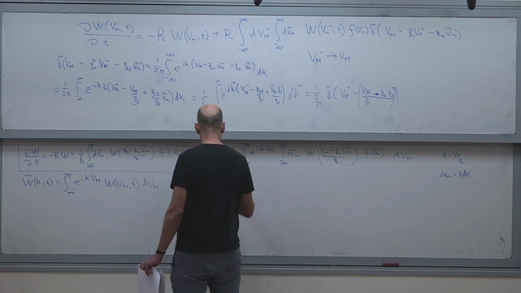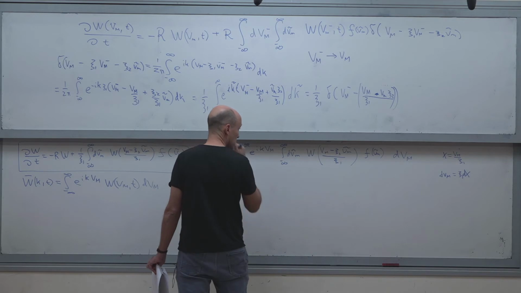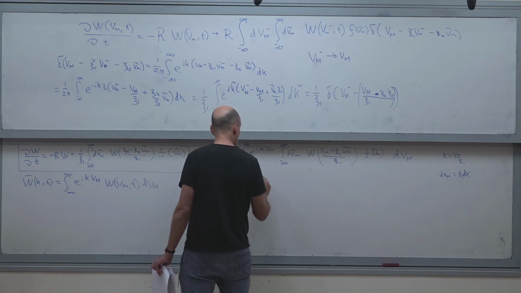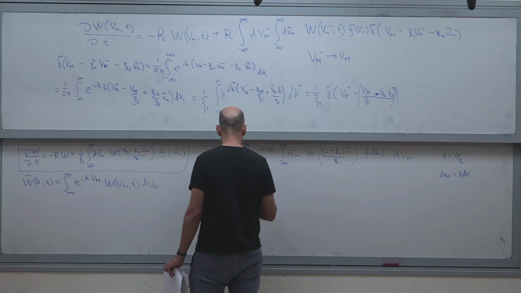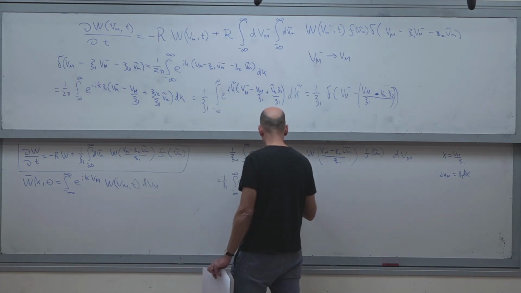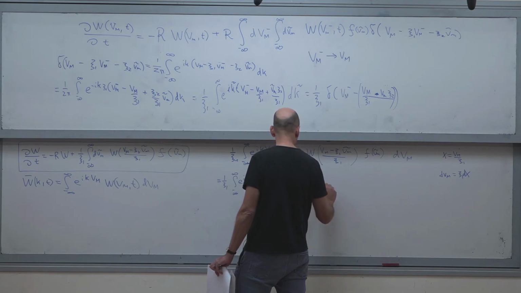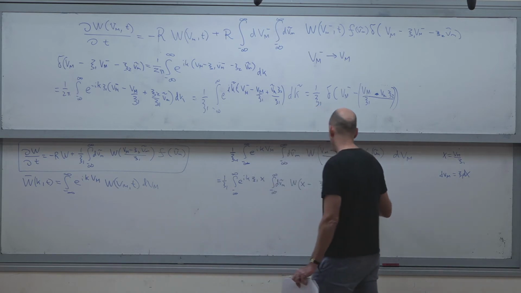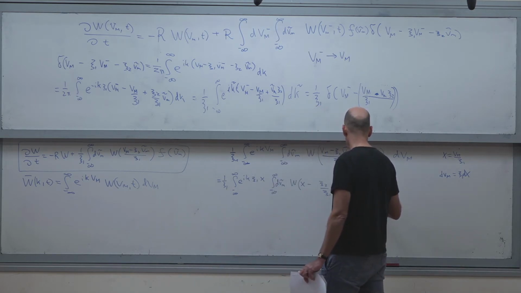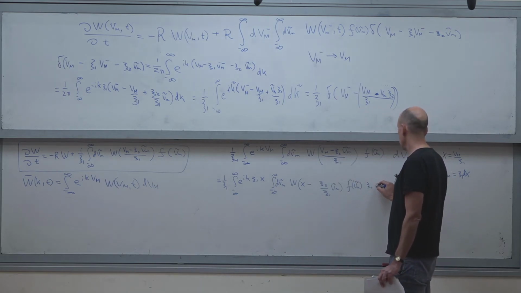So then I have 1 over psi1, e to the i k psi1 x, integral from minus infinity to infinity, integral from minus infinity to infinity dVm tilde w of x minus psi2 over psi1 Vm tilde, f of Vm tilde, and dVm is psi1 dx.